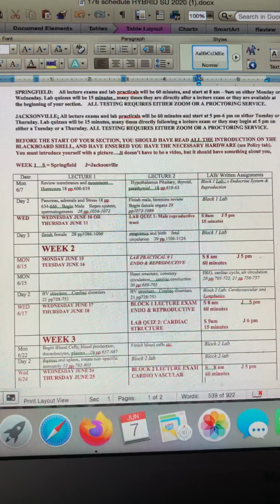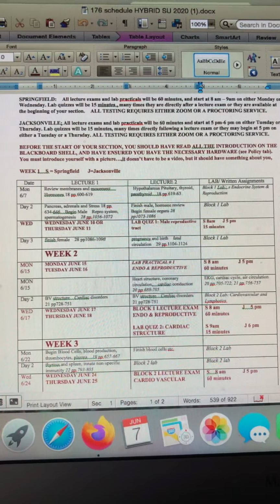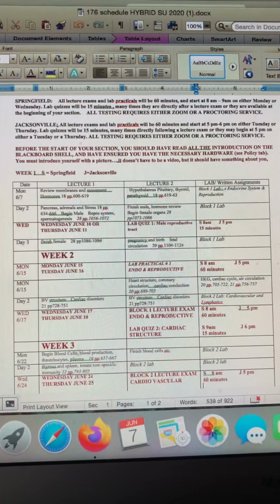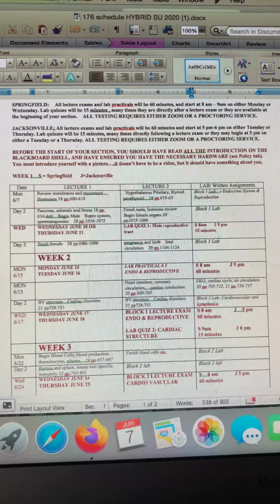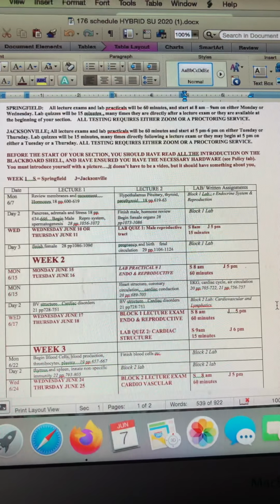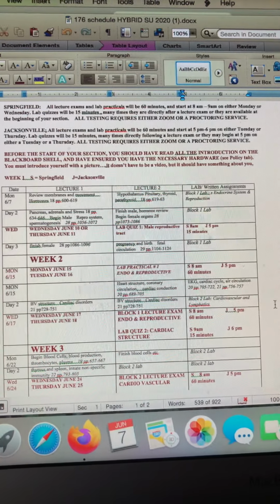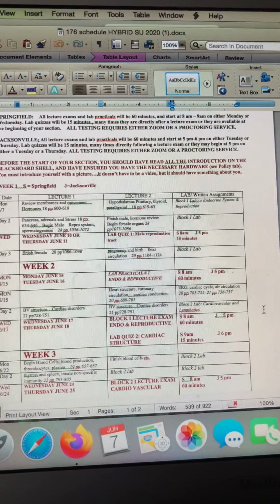So it would behoove you to read chapter 18, pages 600 to 619, and that's going to be covered in that first PowerPoint. The second PowerPoint is going to be hypothalamus, pituitary, thyroid, and parathyroid. If you look, that's chapter 18, pages 619 to 663.